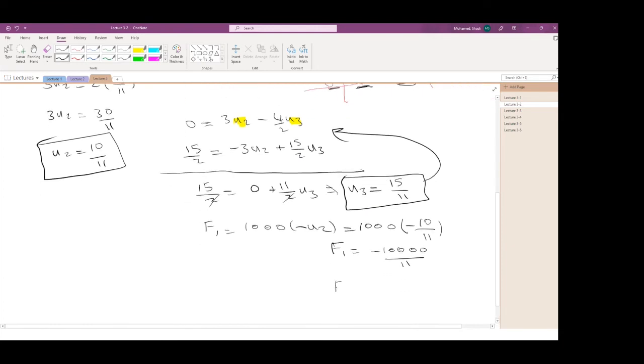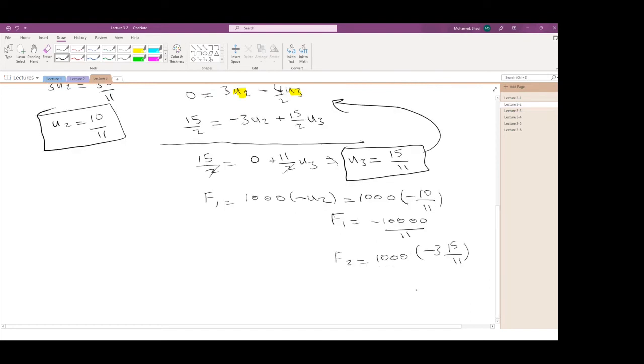So f2 is going to be 1000 multiplied with minus 3 u3, and u3 is 15 over 11. So it is multiplied by 15 divided by 11. And then the answer is going to be f2 is equal to 45,000 divided by 11. Now to check the equilibrium, I have f1 and f2 to be equal to 5,000.